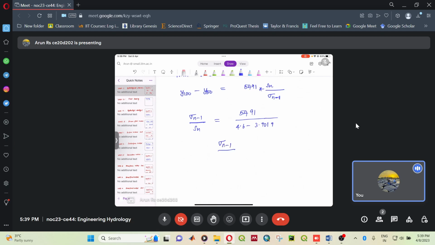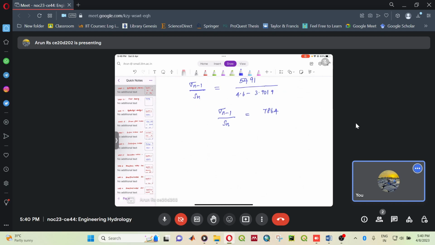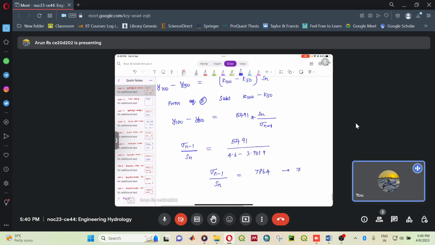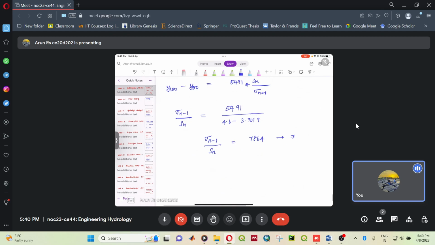So sigma n minus 1 divided by Sn will be equal to 7864. Let me keep this as equation number 6.